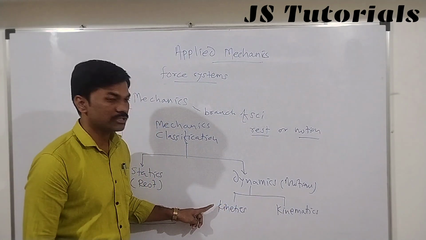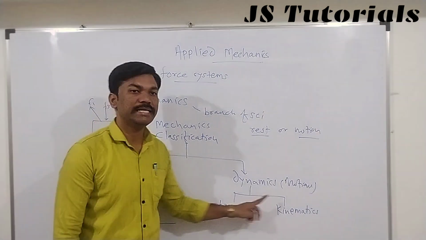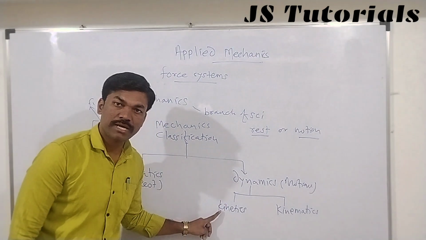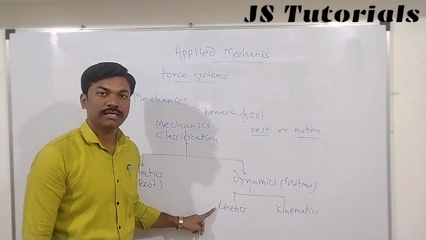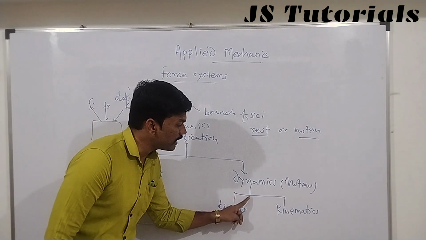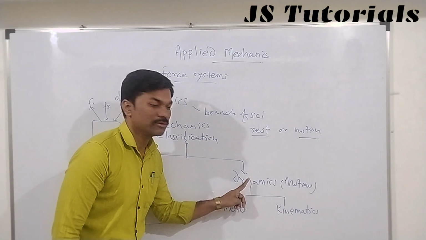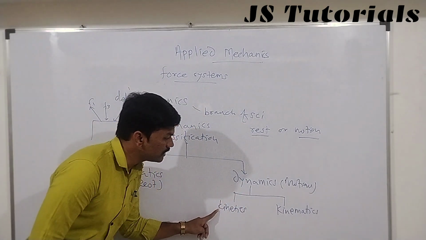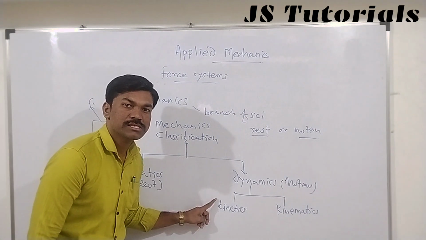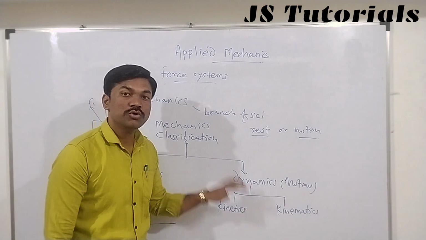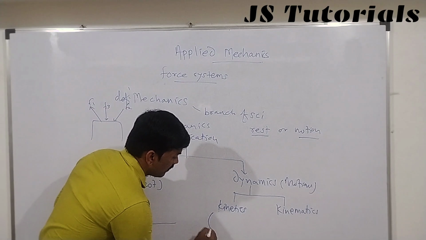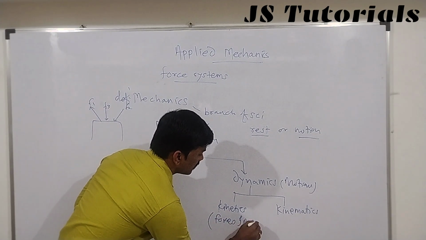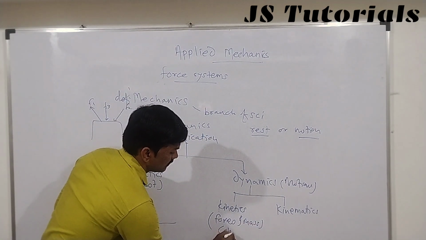See the pronunciation and spelling of the two words, kinetics and kinematics. For kinetics, the definition will be asked in the exam. Define kinetics. It can be defined as: kinetics is the branch of dynamics which deals with the study of forces on bodies in motion, where the forces causing the motion and the mass are considered.